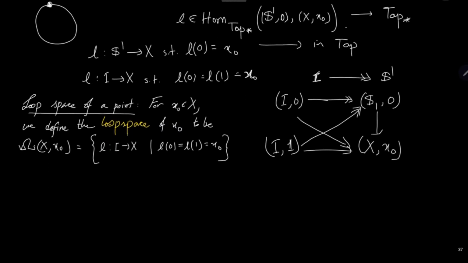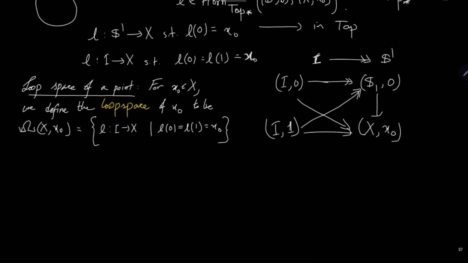So this is the set of all loops like that. Let's even write continuous. Why not? We are being coarse here. So check this out. This loop space is Hom in Top star from S1 pointed at 0 to X pointed at x naught. How is that?